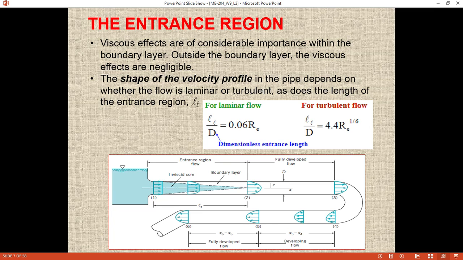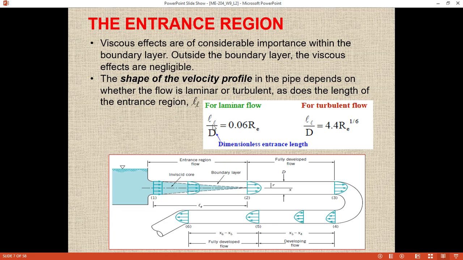So if the Reynolds number is less than 2300, that means the flow is laminar, and if the Reynolds number is greater than 4400, that means the flow is turbulent. And if the flow is laminar, we can find the entrance length, okay, the length after which the flow would be completely fully developed.